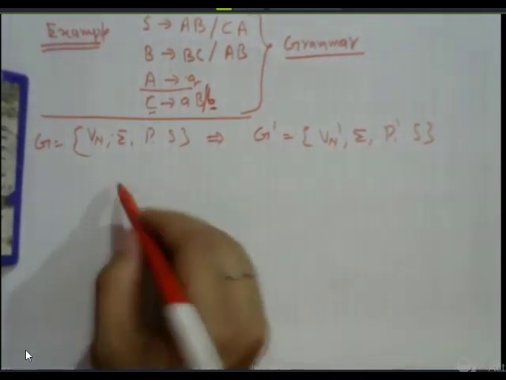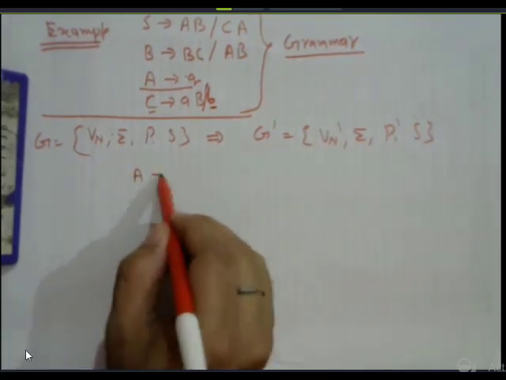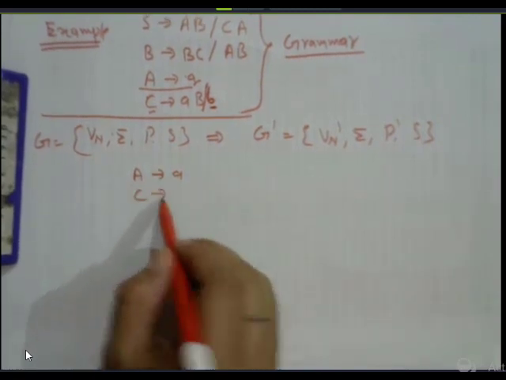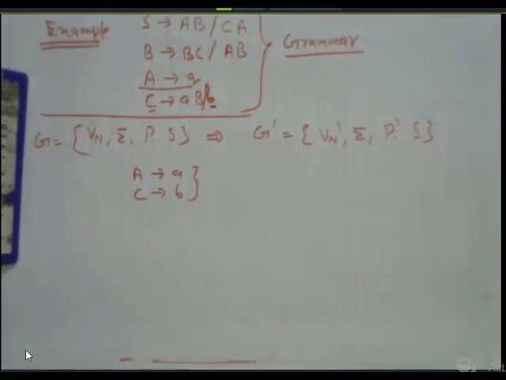So A tends to a, C tends to b. There are two symbols which can derive a terminal symbol.